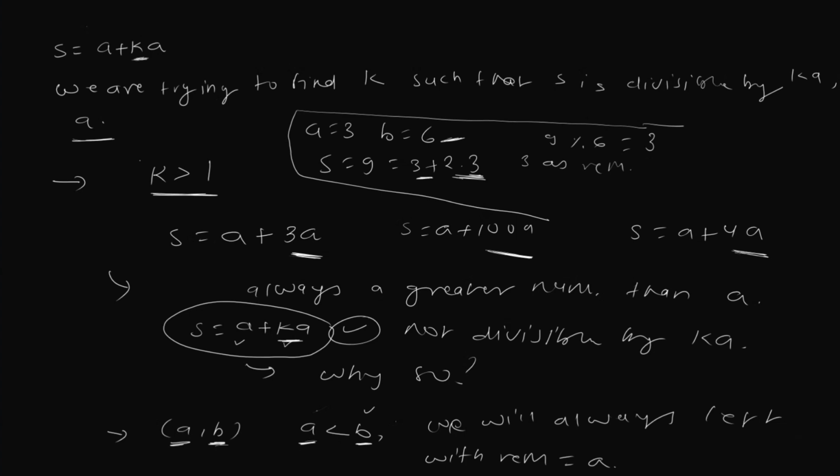So we can't have the value of k greater than 1. This is proved. If you have any confusion, you can ask me. It's just so simple.